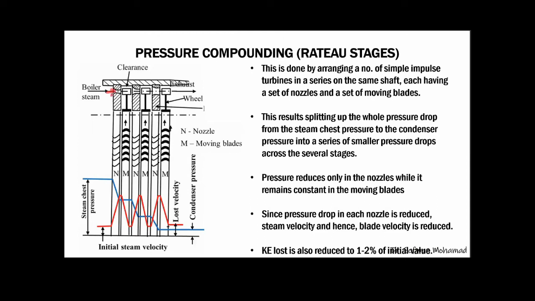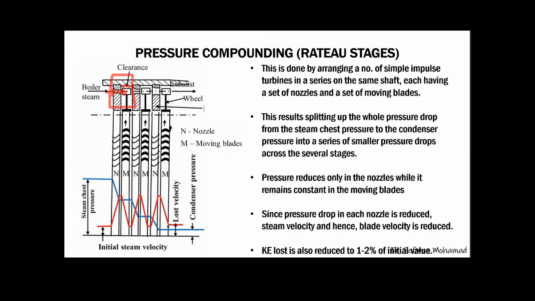Steam goes through the first nozzle and then into the first blade. If it's just a simple impulse turbine, it will only have this part to rotate the generator.